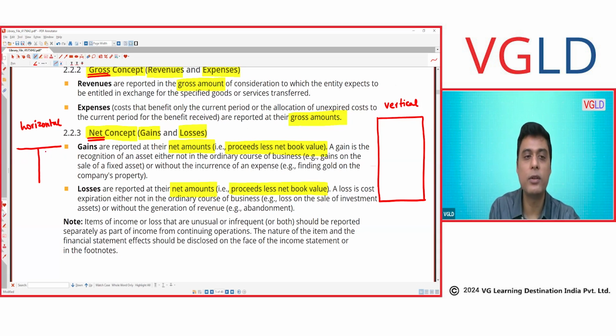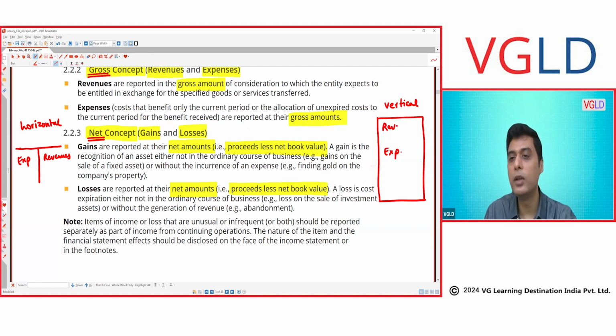You have revenues here, right? And expenses here. So you have them side by side. That's why it's called horizontal. Vertical is you have revenues less expenses, one below the other, vertical, right? So it's a vertical format, and the left hand side is the horizontal format.